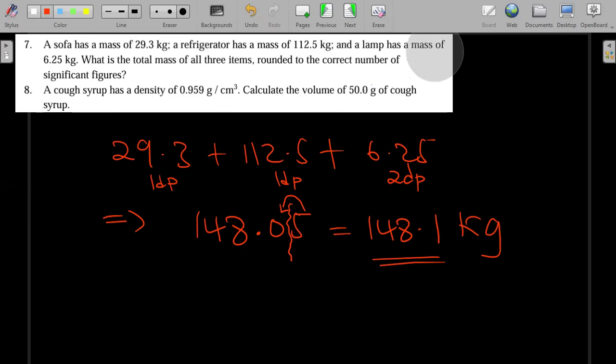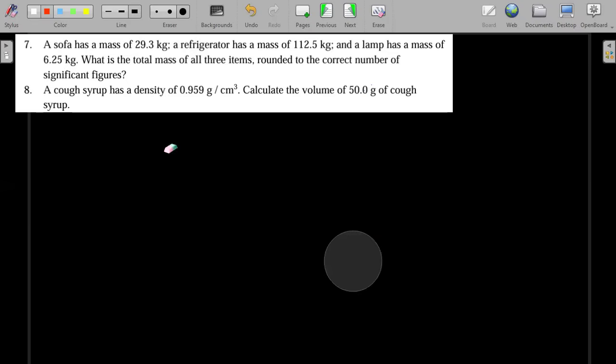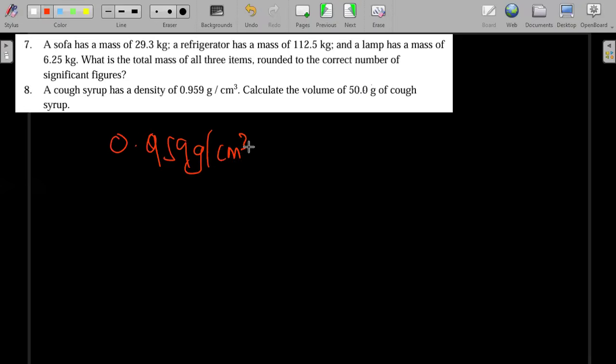Then this other question, question 8, is your grade 12 question. This is just density. They are saying a cough syrup has a density of 0.959 grams per cubic centimeter. Calculate the volume if the mass is 50.0 grams. We know that density is equal to mass over volume.